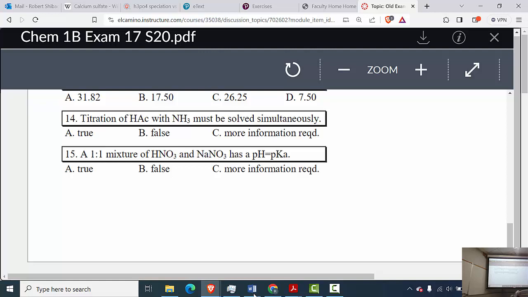A buffer needs a weak acid. That's a strong acid. It has to be a weak base, but that's a neutral base. Nitrate's neutral. So this doesn't work. A lot of people mistake this as a buffer, but this is not a buffer. Strong acid, neutral conjugate base, as far as base properties go.